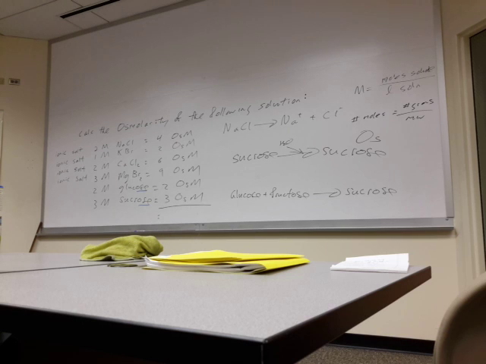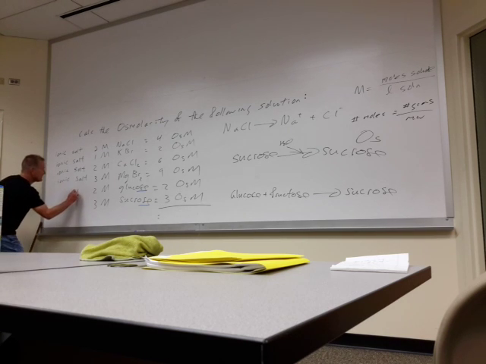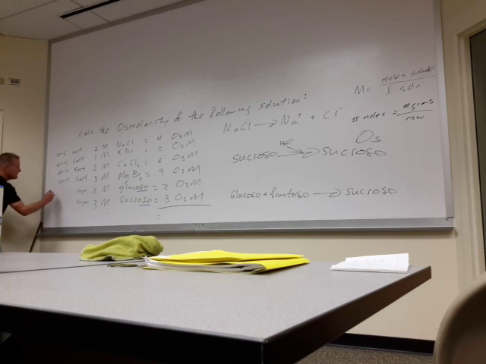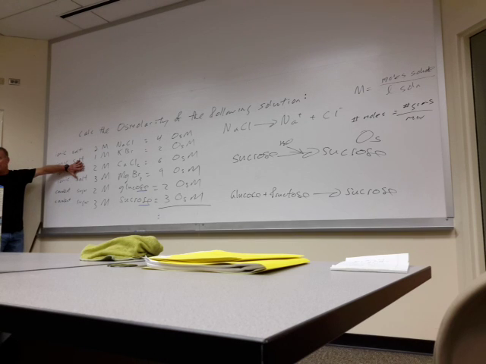So when you're converting, let's see, this is sugar. The sugars are covalent. So when you're converting from molarity to osmolarity, if it's a salt, you need the Oz factor.